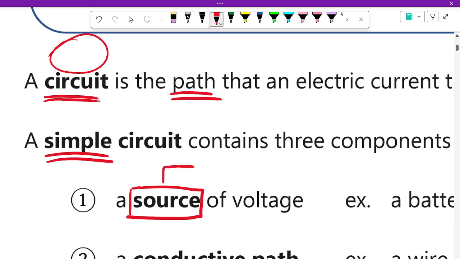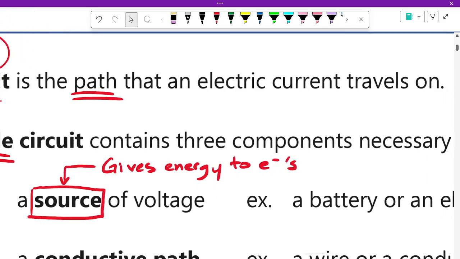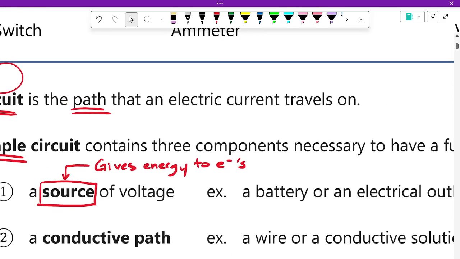So what is one thing that can give energy to electrons? A battery, okay? Or an electrical outlet. If you want to give something some electrical energy, you can just plug it in.